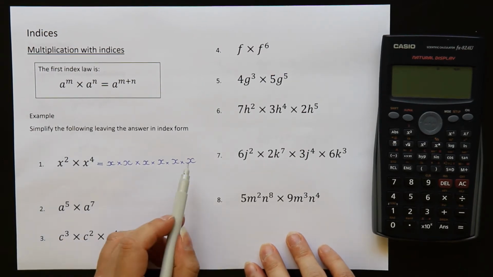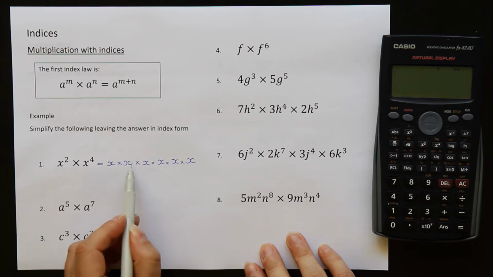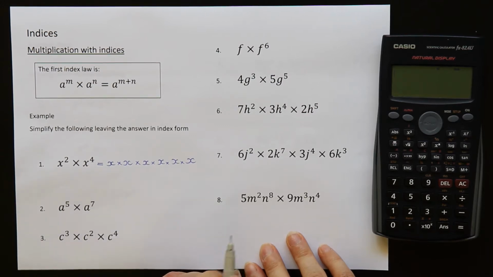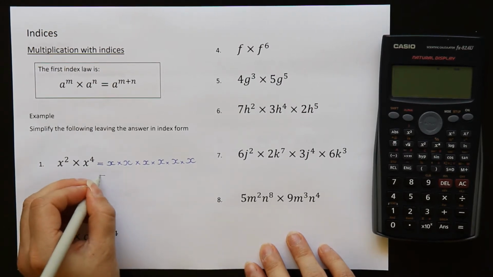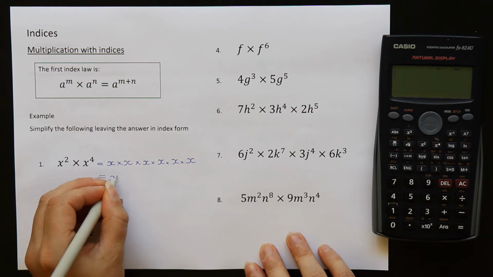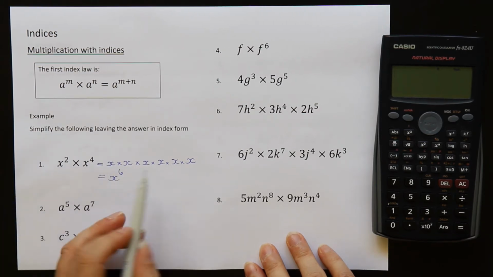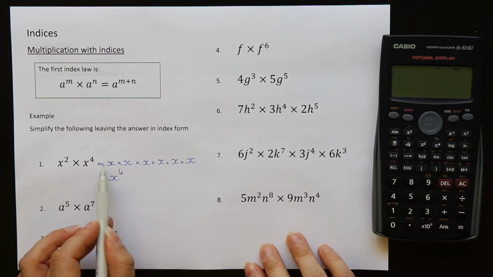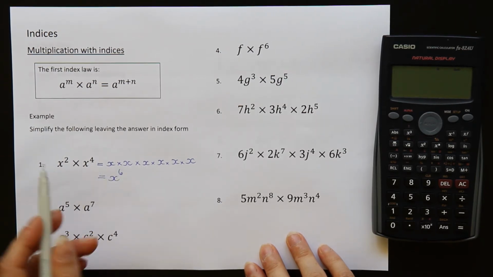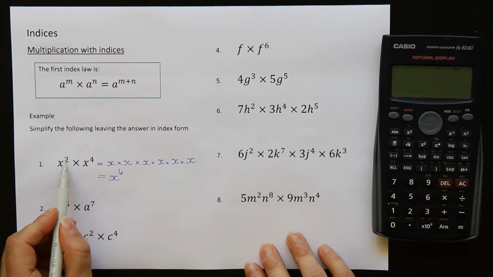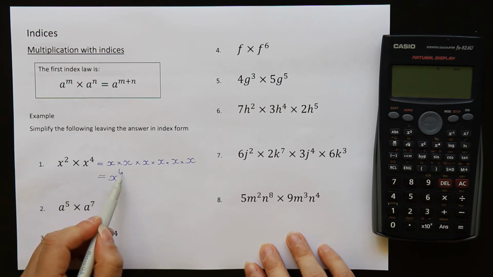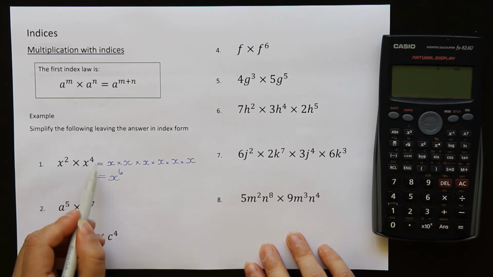Now altogether I have 1, 2, 3, 4, 5, 6 x's there multiplied together. So that would be the same as x to the power of 6. Normally you wouldn't need to expand this all the way out like I have done here, but you can see that 2 plus 4 makes 6. So there's the rule working there.